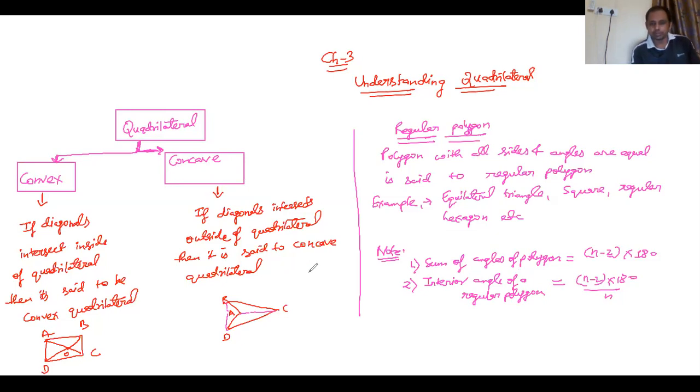And third one is the exterior angle of a polygon: the sum of exterior angles of a polygon is every time equal to 360.